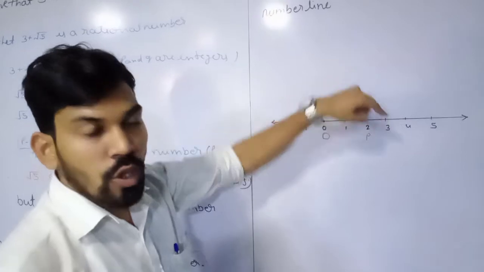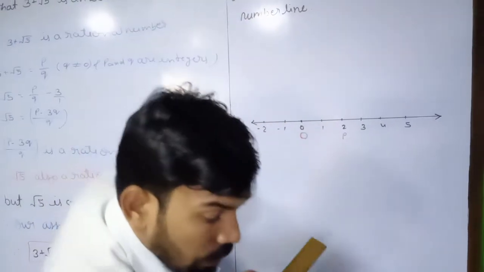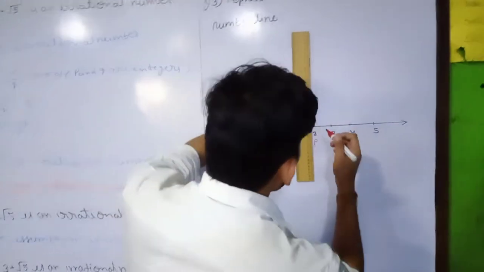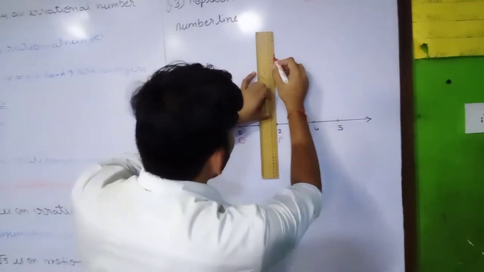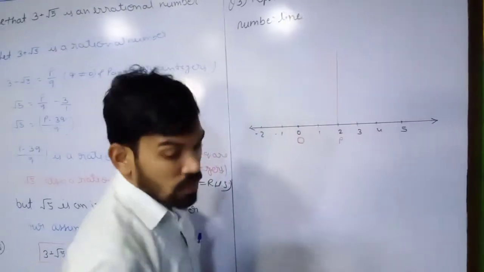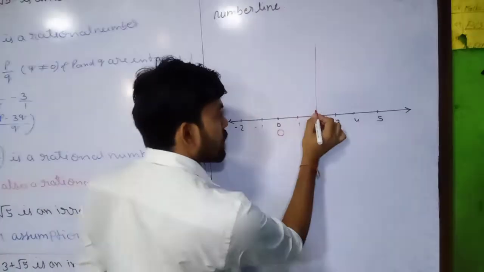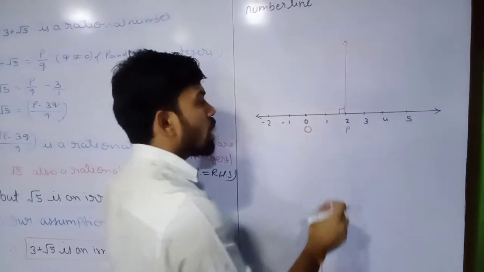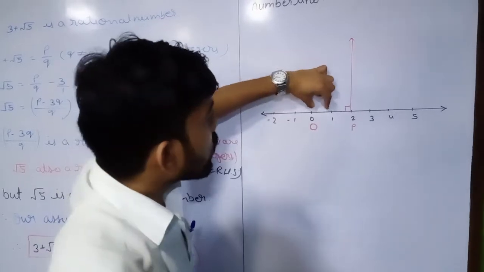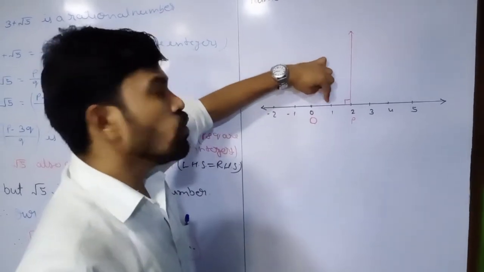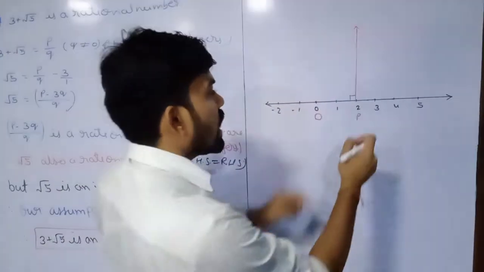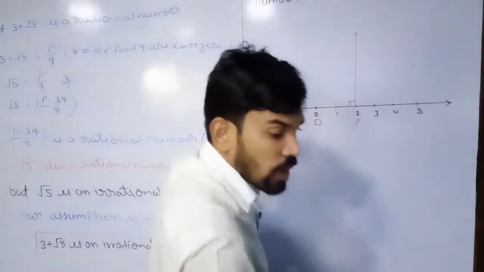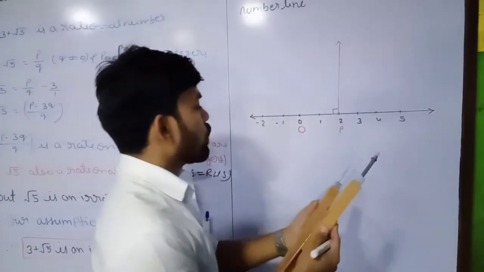Using the set square, directly over here we have to draw a perpendicular line on P this way. Perpendicular means this is 90 degrees. Yes, I have drawn it. Now from here, what is the distance of 0 to 1, 1 centimeter? We have to take the same distance on this using our compass.